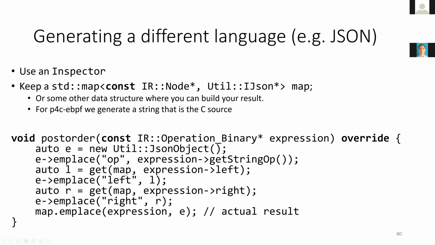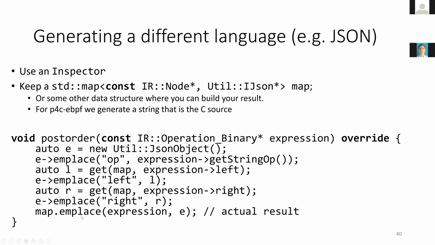And then, this is the post order function, so we have crawled the left and the right children of the binary operation. Now we look in the map to get the left child and the right child. They are just JSON objects, and we stick them in this object E: the left one with the left label, and the right object with the right label.